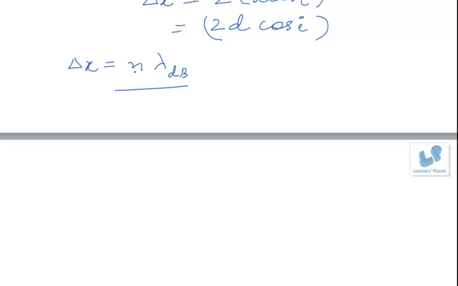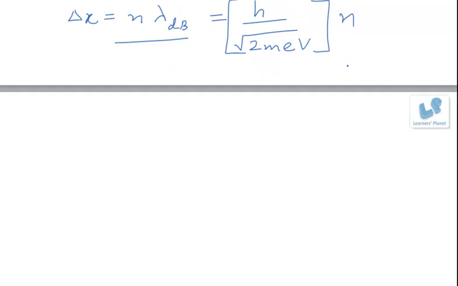Okay, so if n lambda dB is equated with h upon under root of 2meV, h upon under root 2meV is the de Broglie wavelength times n. Now n times h upon under root of 2meV is equal to the path difference, which is 2D cos I.